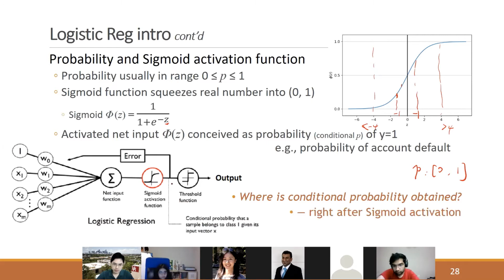It should be here as indicated by this notation, right? Right after Sigmoid activation, you have an activated value for every case in the training set. If the model is trained well, that activated value, you can use to represent the estimated likelihood or probability of the customer defaulting the account.